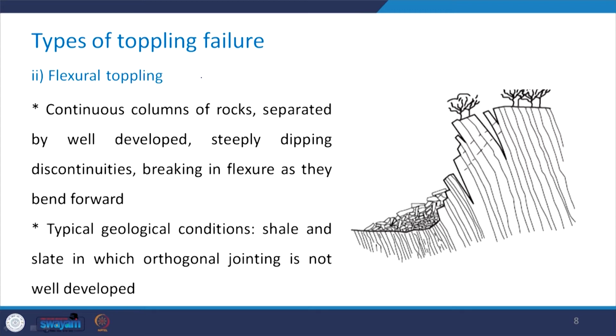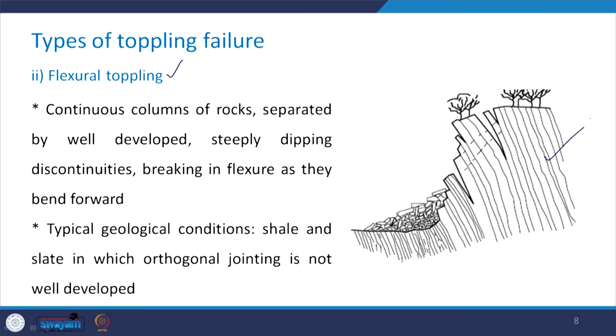The second type of toppling failure is flexural toppling. In this case, there are continuous columns of rock which are separated by well developed, steeply dipping discontinuities. They break in flexure as they bend forward. Take a look at this picture.